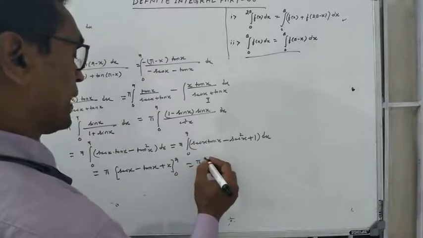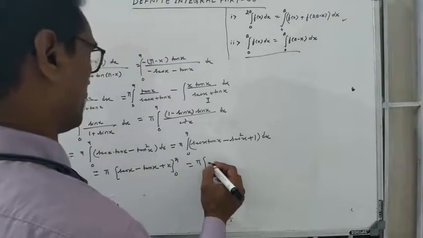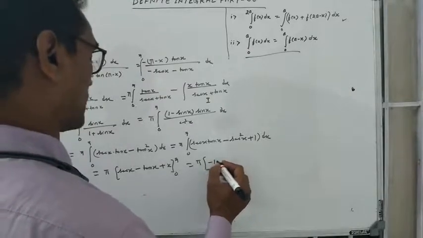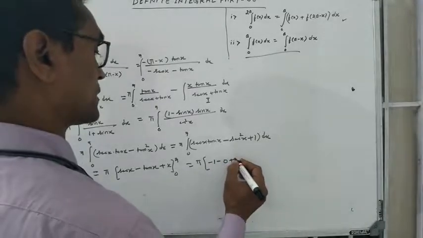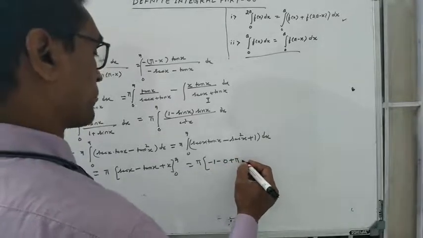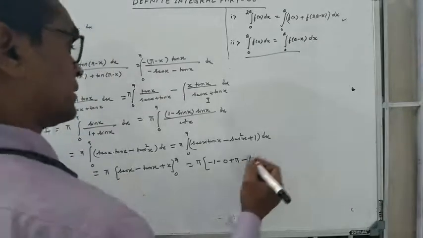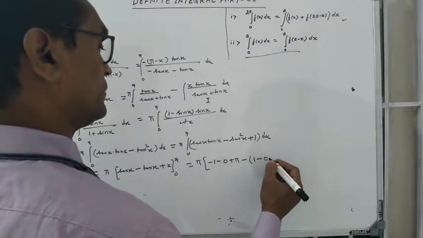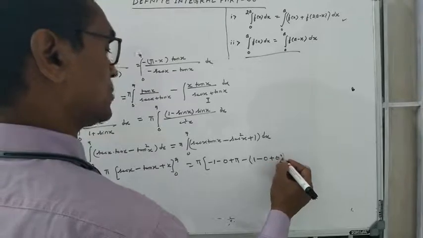When you put pi, sec pi is equal to minus 1 and tan pi is equal to 0, plus pi, minus the value at 0: sec 0 is 1, minus tan 0 is 0, and plus 0.